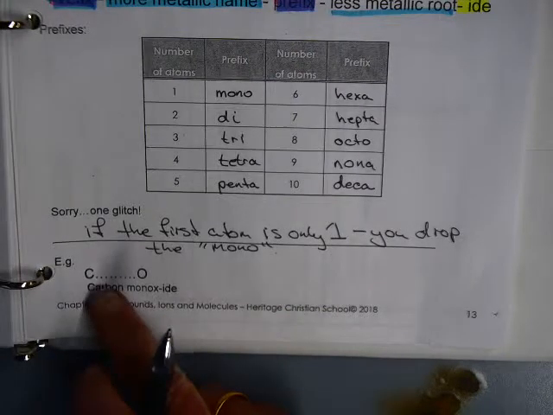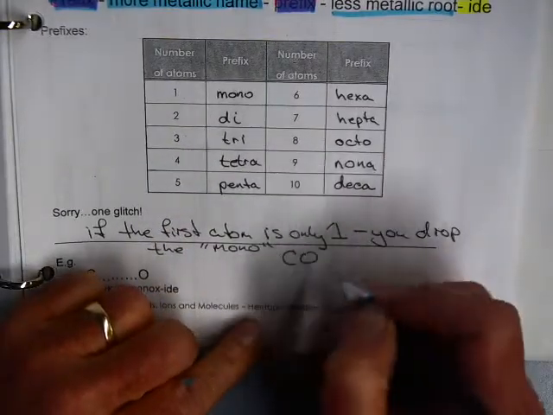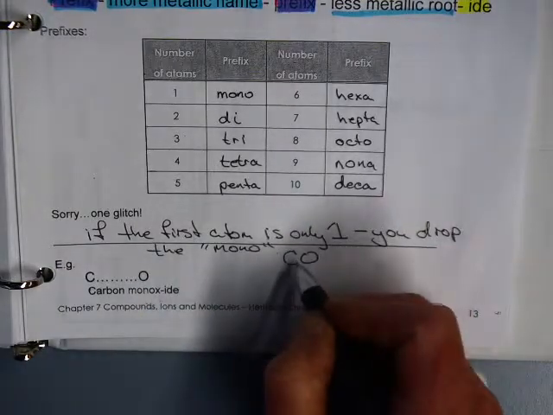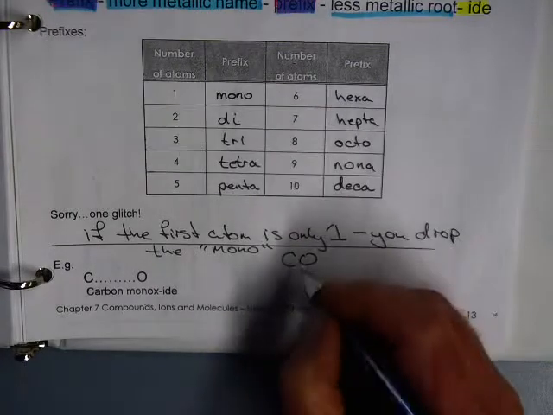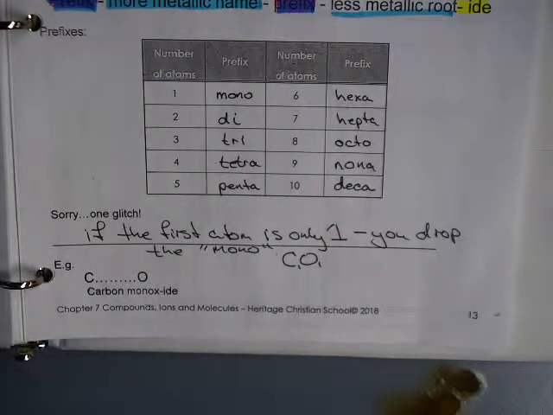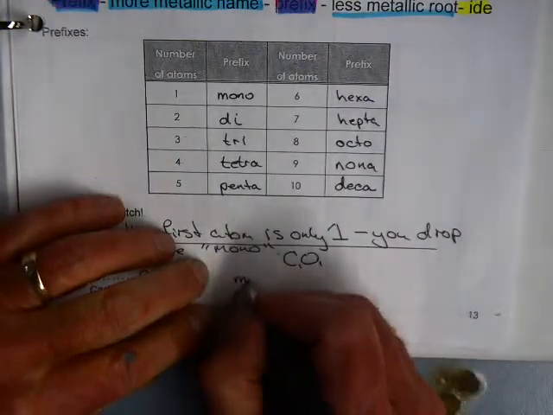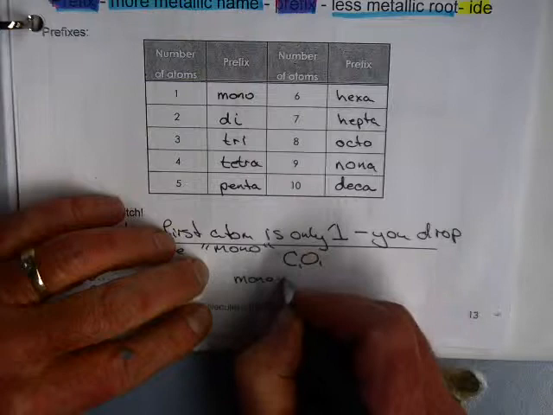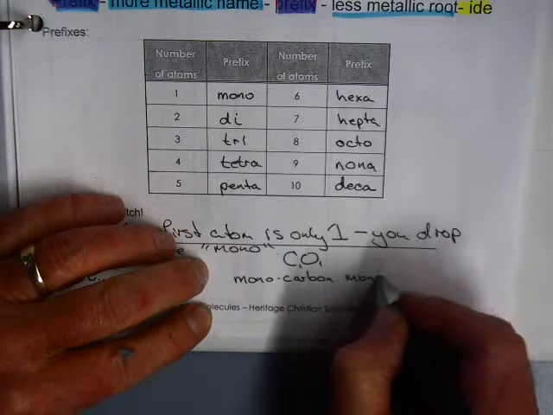For example, if you saw this guy here, you would look at your periodic table and say, oh my goodness, both of these guys live in non-metal land. So there's 1 carbon, 1 oxygen. Technically, if you were to follow the rule at the top, this is what you'd write: mono carbon monoxide.